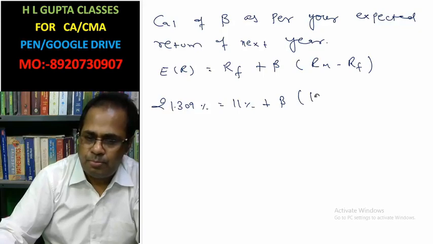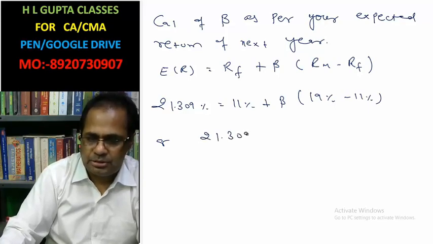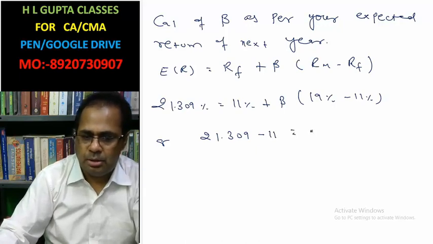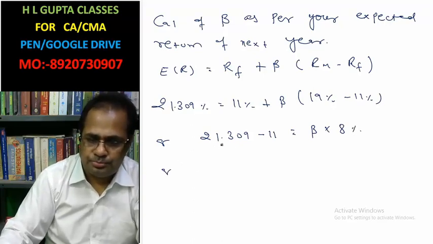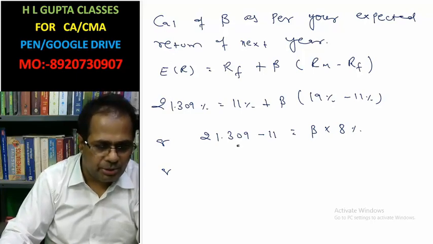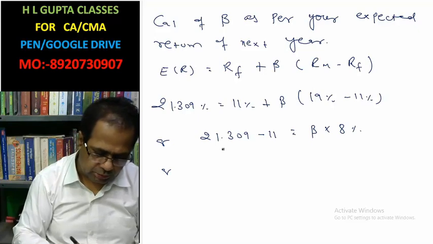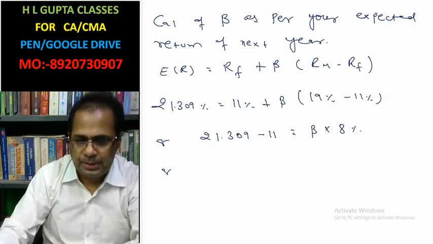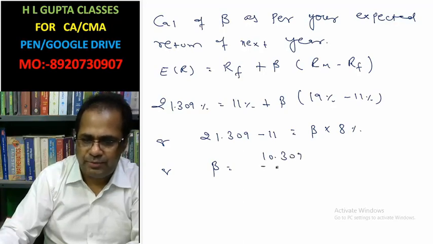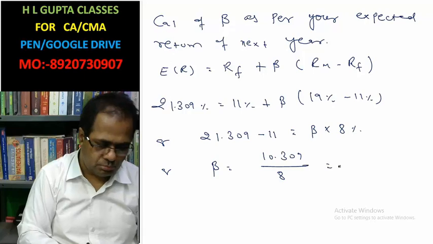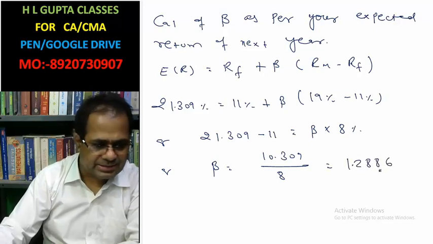19% minus 11% is 8%. 21.309 minus 11 equals 10.309, which equals beta times 8. Beta equals 10.309 divided by 8, which is 1.2886.